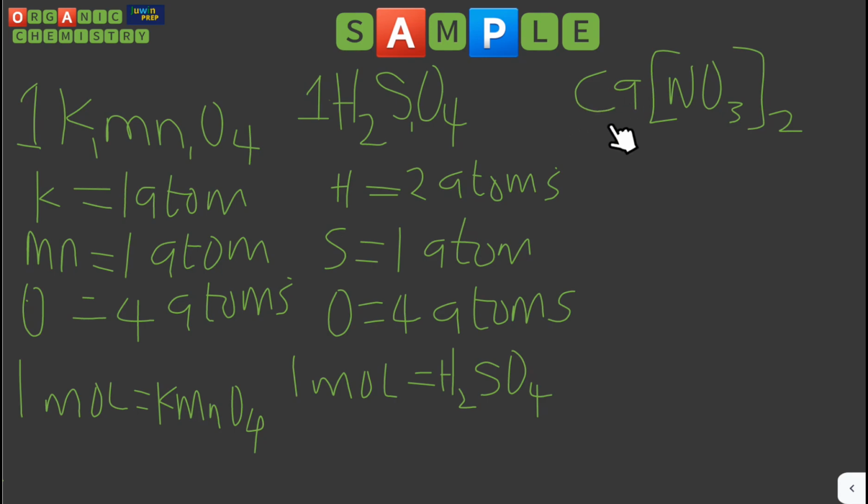Now you would answer this one. Note, since there's no number here, it's one molecule. So I'm going to indicate one. Just like we did previously, there's an invisible one down here. So I'll say 1 times 1, which is 1. So calcium, Ca, equals 1 atom.